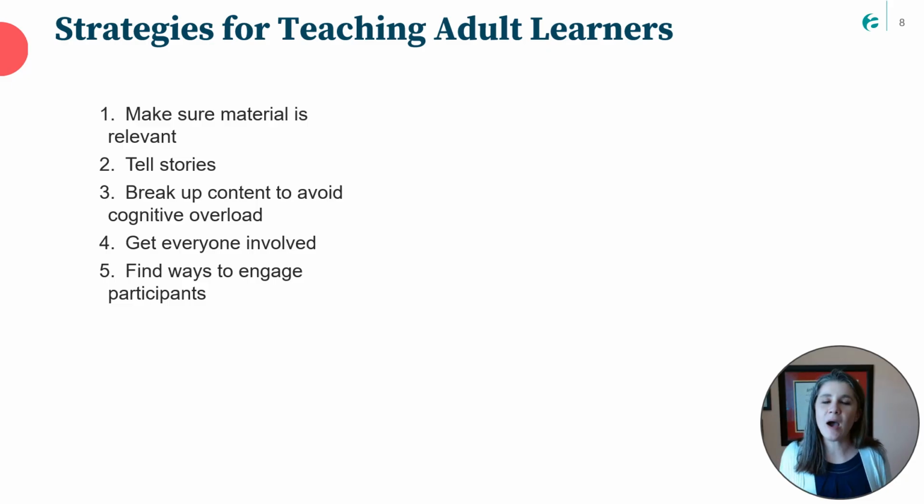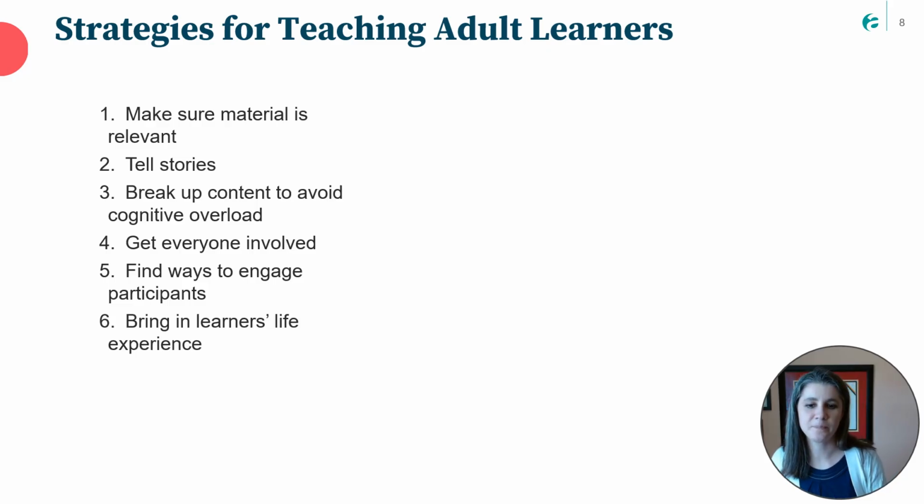So think about what activities and hands-on experiences we can give that person, and what different ways we can show the information visually or get people to discuss it. Making sure that we are offering those opportunities for engagement is going to help make that information more real for the person. We also want to try to bring the learner's life experience into our conversations.